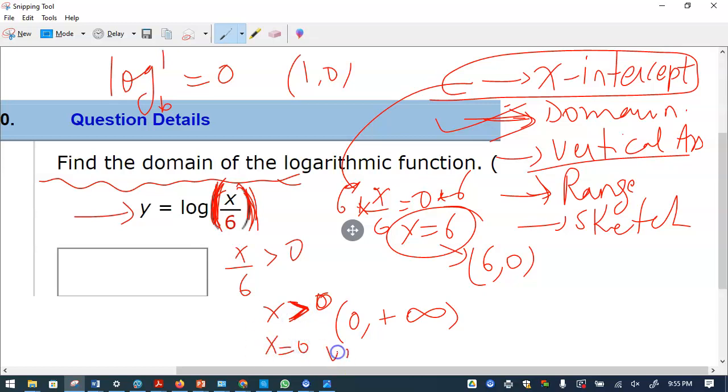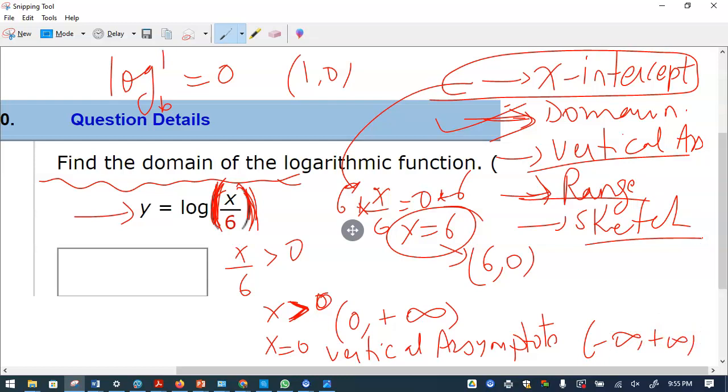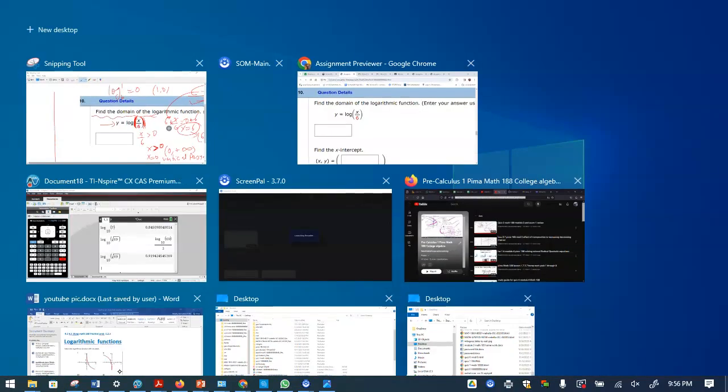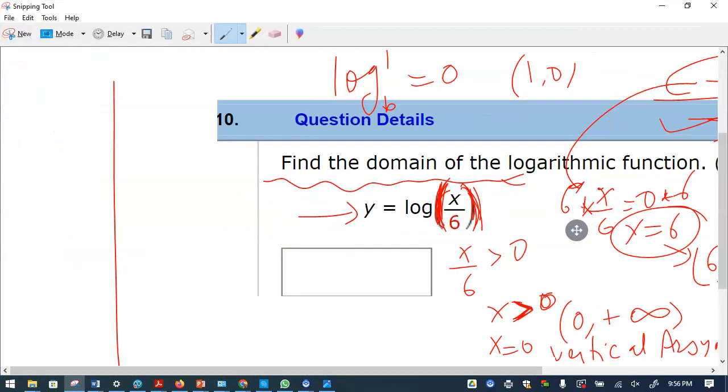That becomes the vertical asymptote. And the range is always minus infinity to plus infinity, because it is a logarithm. And you want to sketch this. How does this graph look? And for this, we need to know, let me use the black color for this.